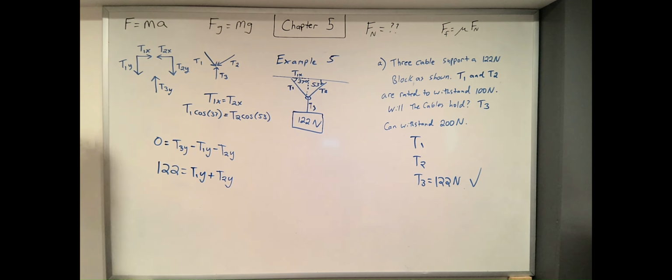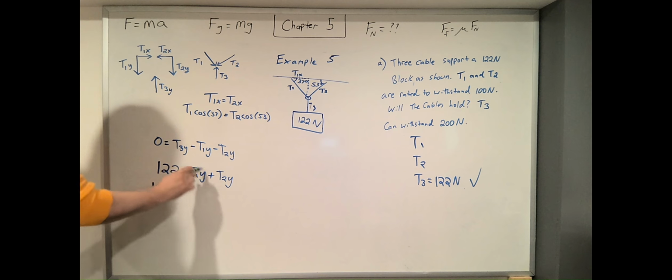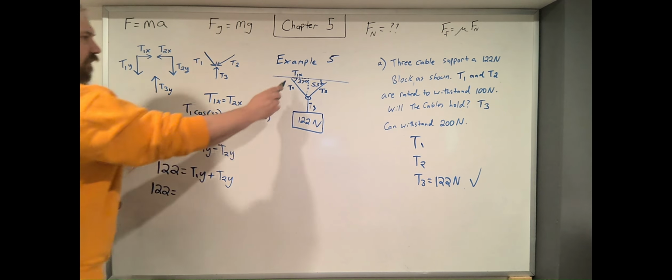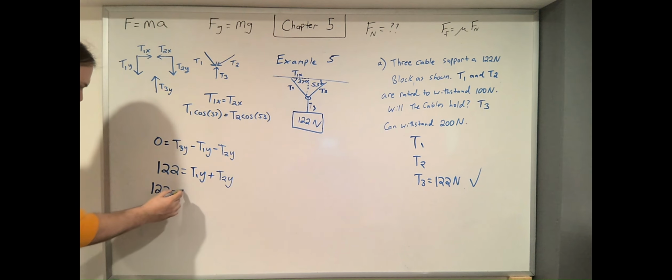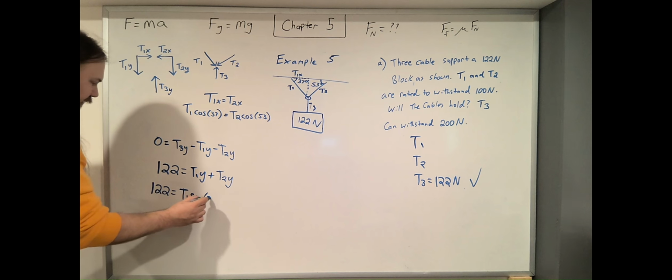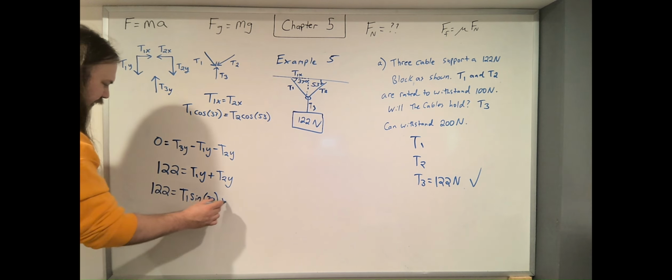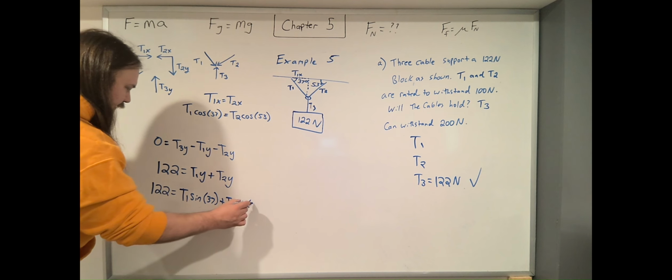Now I'm going to do the same trick with these, right? I have 122, and that's equal to, what is T1y? Well, if this was the cosine, y would be the sine. So I'll have T1 sine of 37 plus T2 sine of 53.